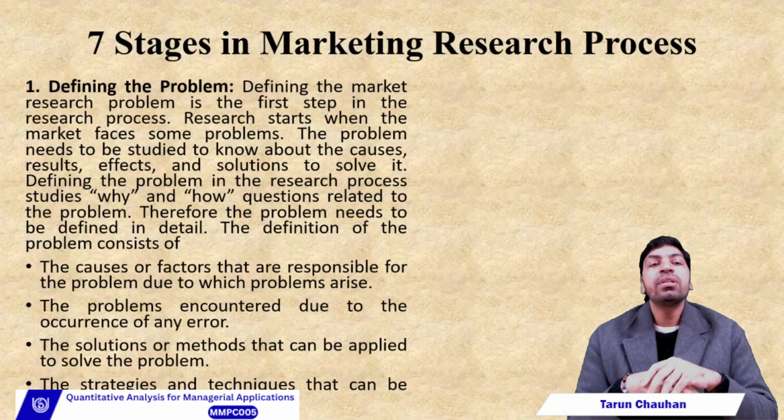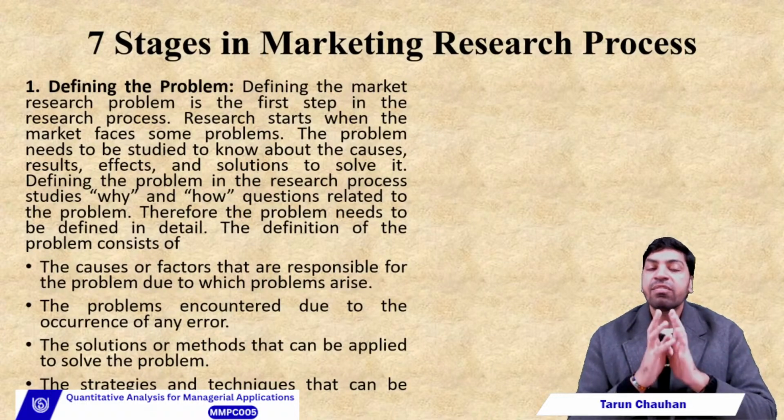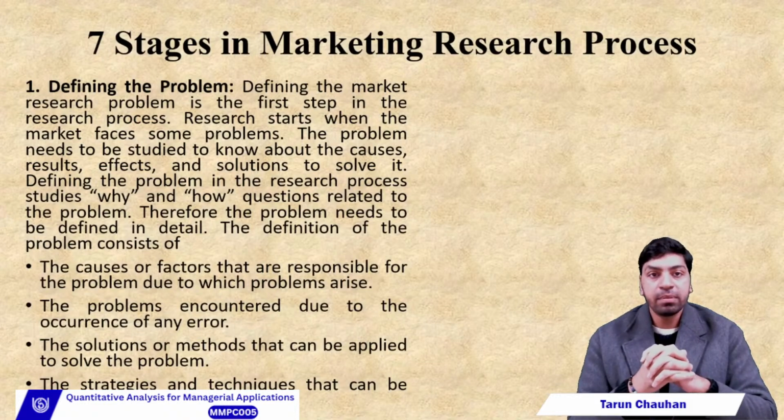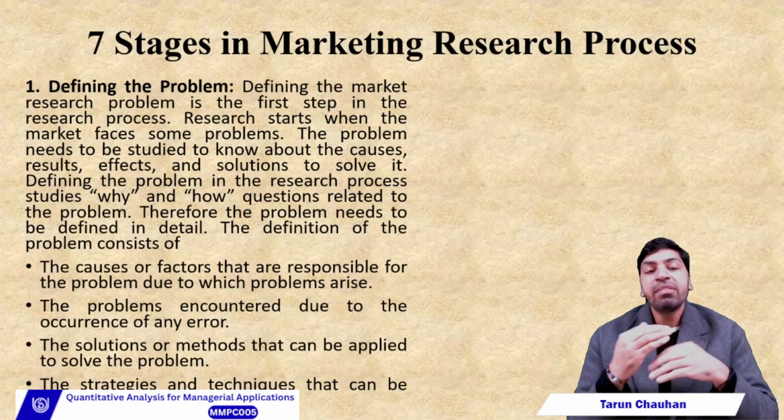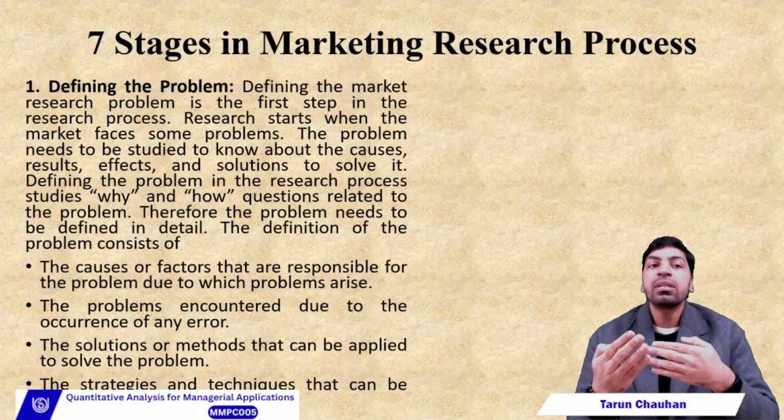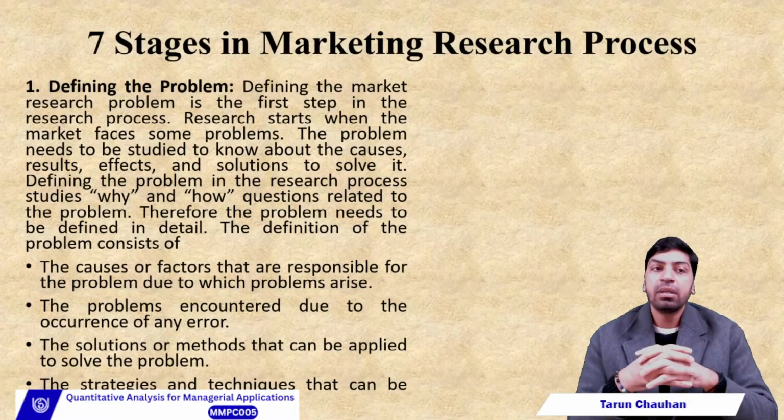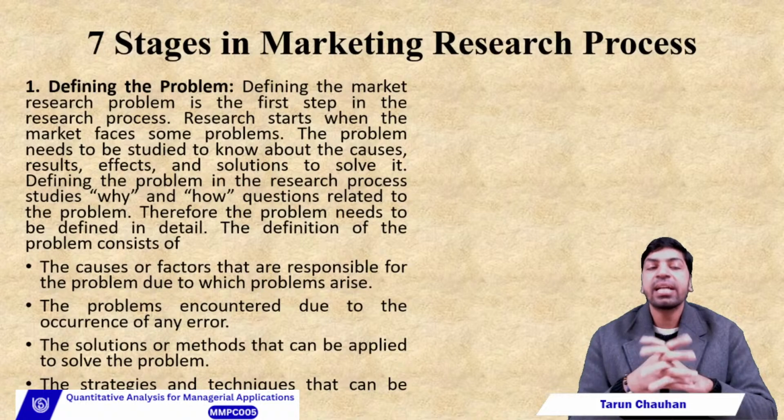Now we come to the 7 stages in the marketing research process. The first one is to define the problem. Before we come to the first stage, defining the problem, it is very necessary to understand the research.